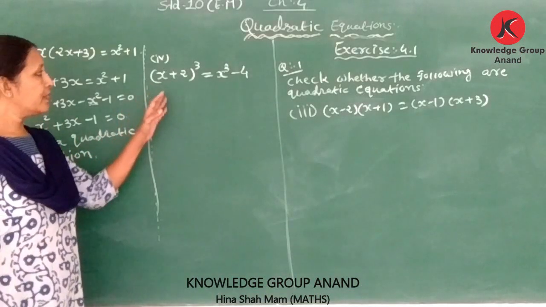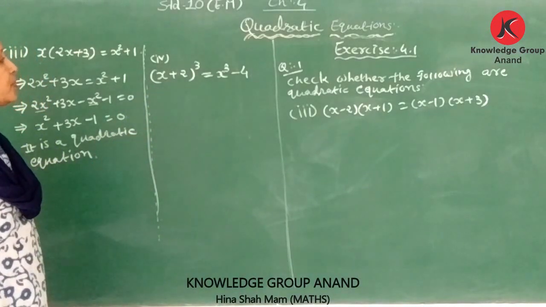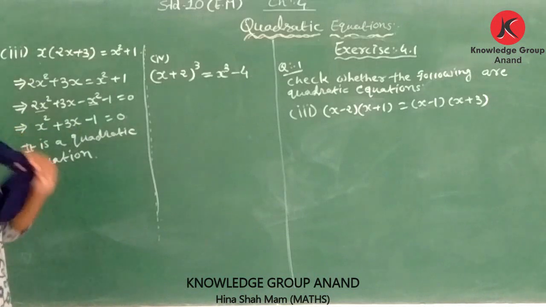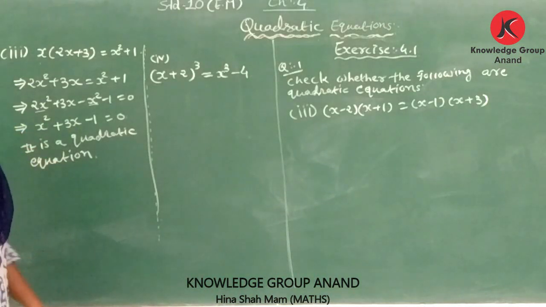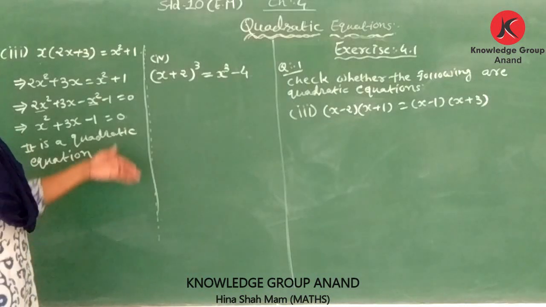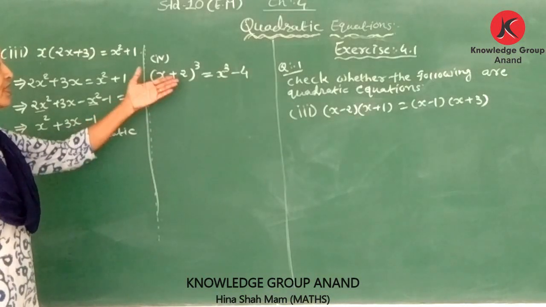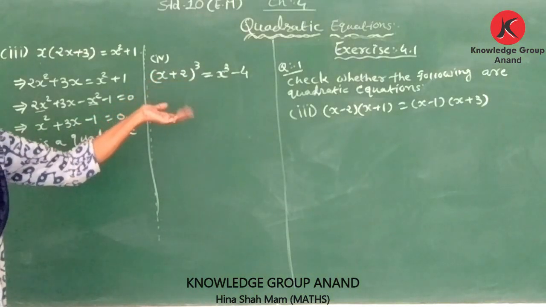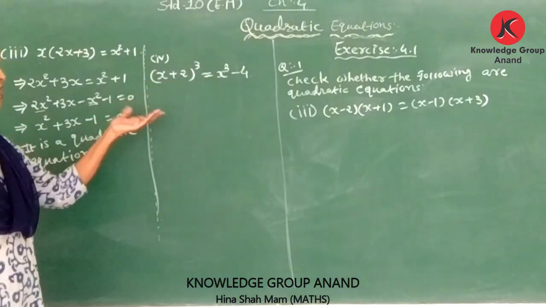Now, number 4. x plus 2 whole cube is equal to x cube minus 4. First, when we see this question, we say that it is a cubic polynomial, a cubic equation.